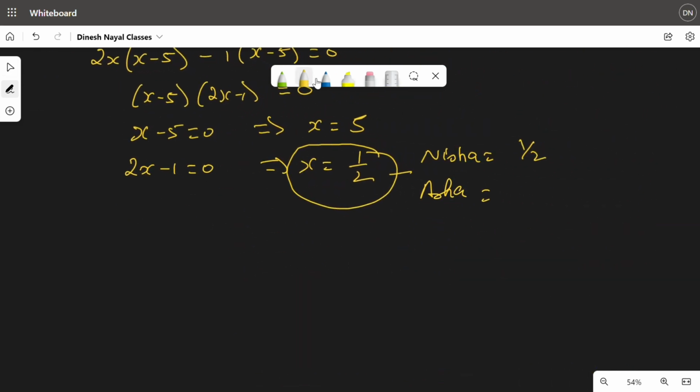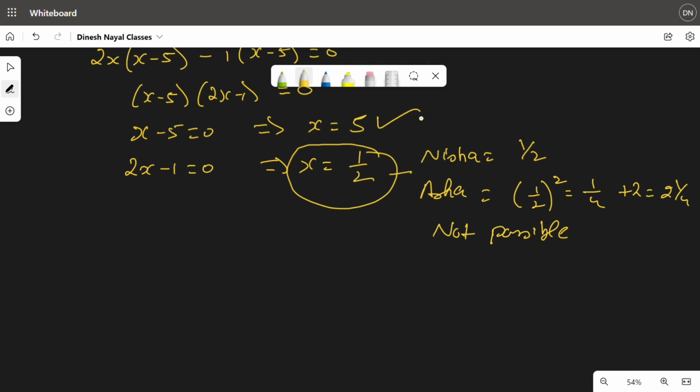You do square of it, which is 1 by 4, and then plus 2. So her mother's age will be 2 1 by 4 years, which is not possible. So we are ignoring this value, which is not possible.